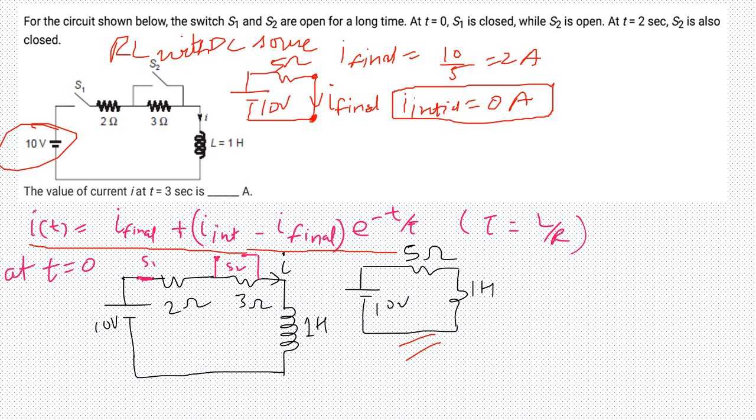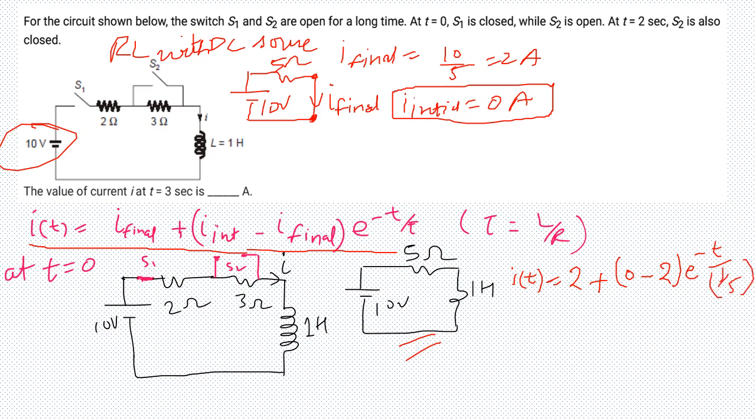So now I can write the expression of current. I of t is I final, which is 2 amps, plus I initial, which is 0, minus I final, 2 amps, times e power minus t over tau, where tau is L by R, which is going to be 1 by 5.